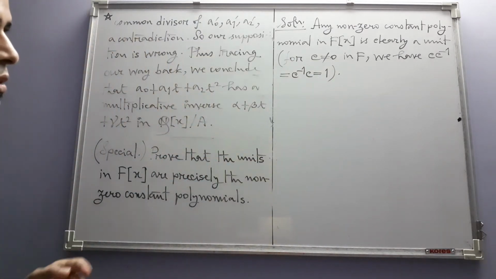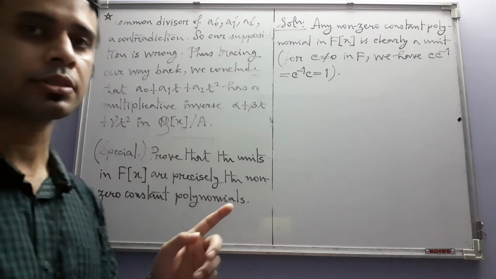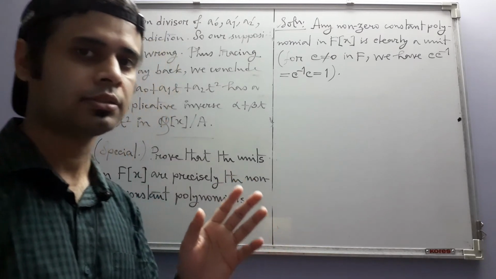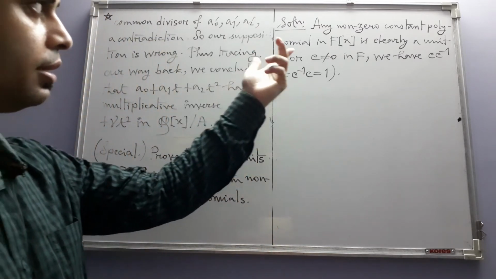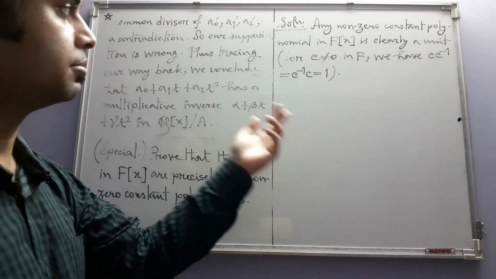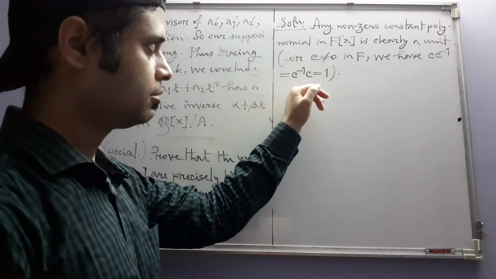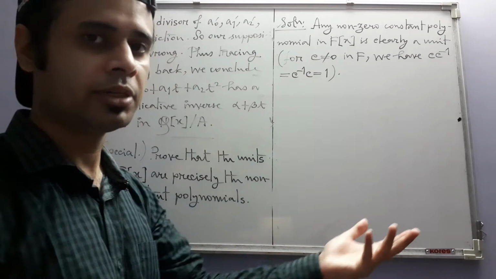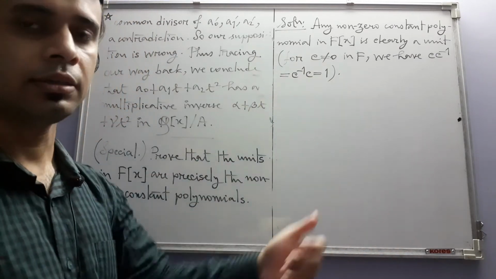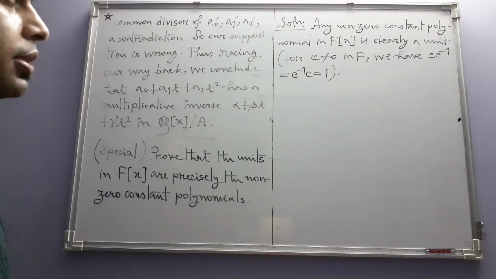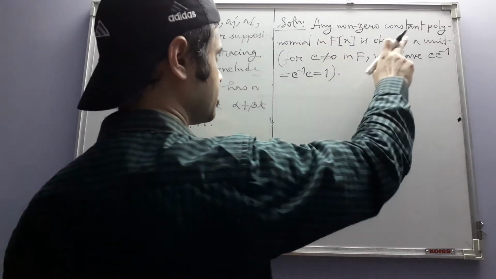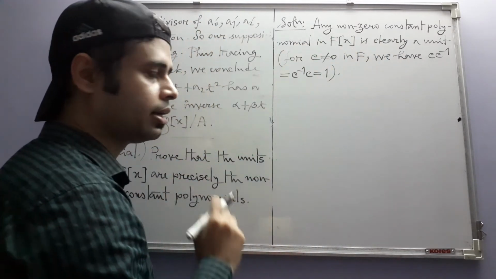And since we can think of these constants C and C inverse as polynomials in F[x], that is, constant polynomials, as elements in F[x] they are invertible, that is, they are units. That's why we say any non-zero constant polynomial in F[x] is clearly a unit.